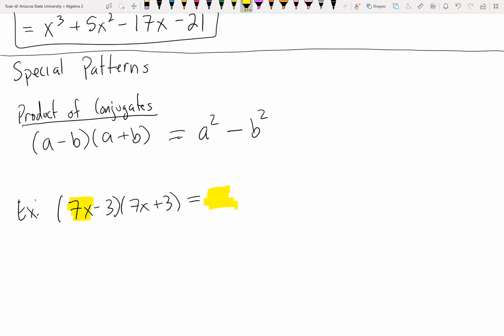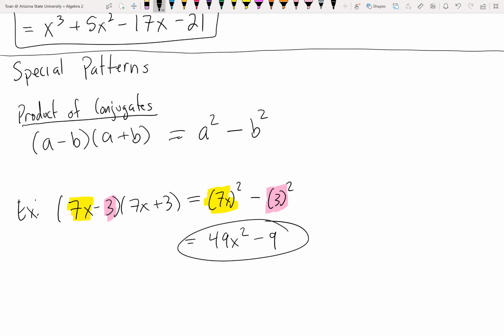So it's going to be 7x squared minus, and it's always going to be minus the second guy squared. It's going to be minus 3 squared, right? And this should be a little bit easier to do. Oh yeah, that's easy. That's 49x squared minus 9. Boom. I got the product without foiling.